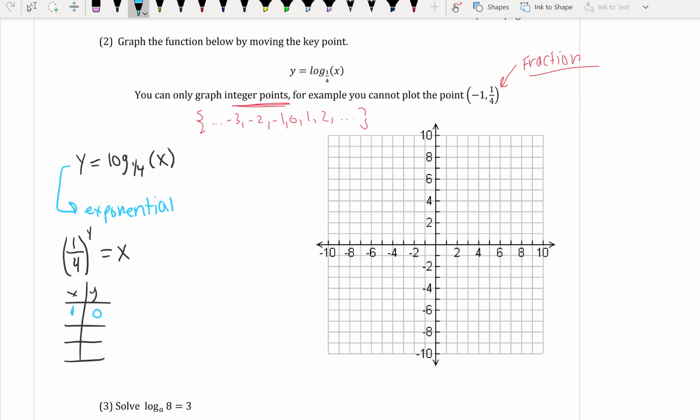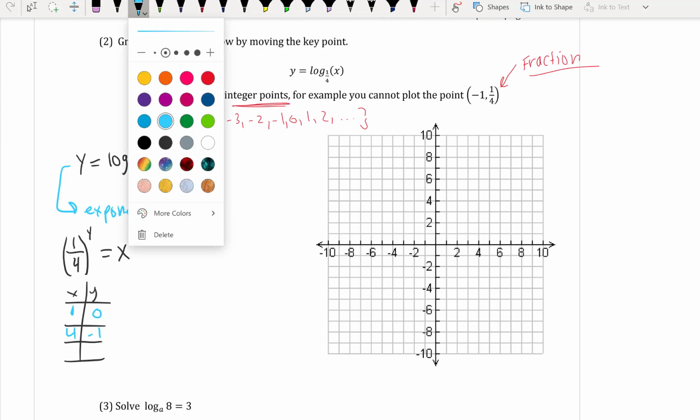So let's try something else. What if I did 1/4 to the -1 power? You can do this on your calculator if you want. That -1 tells you to flip it, so you get a +4. So my y value was a -1, and I get back a +4 for my x value.